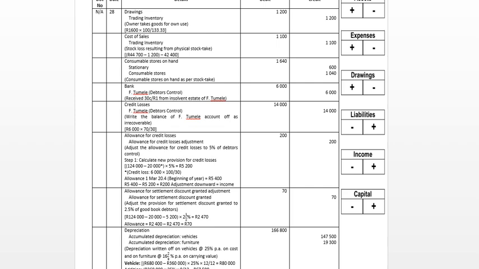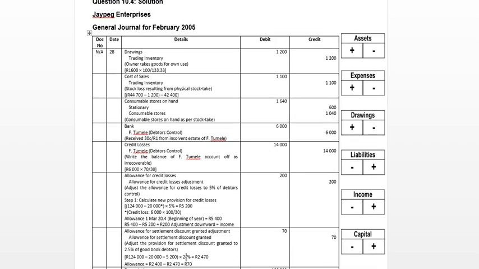So we've got a selling price of 1,600 Rand. We need to multiply that by 100 and then divide by 133.33. So the cost price of this inventory is 1,200 Rand.